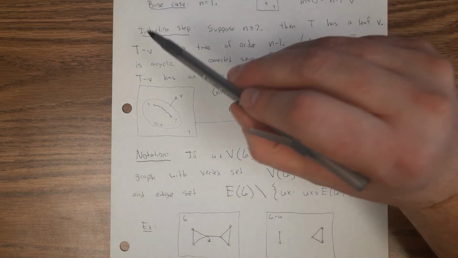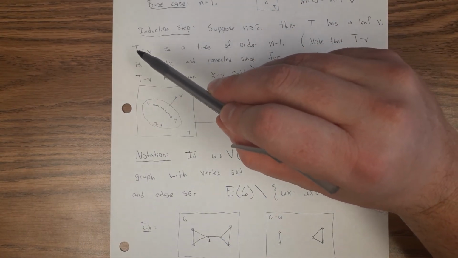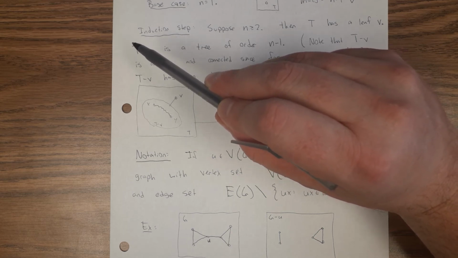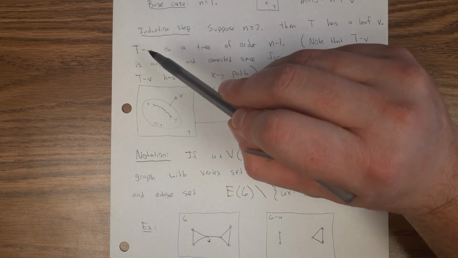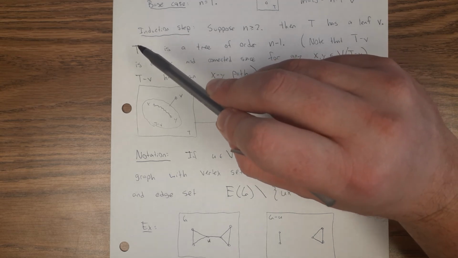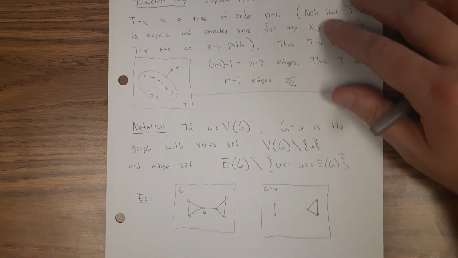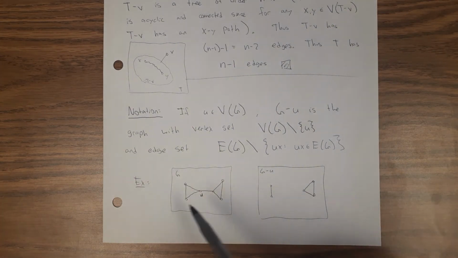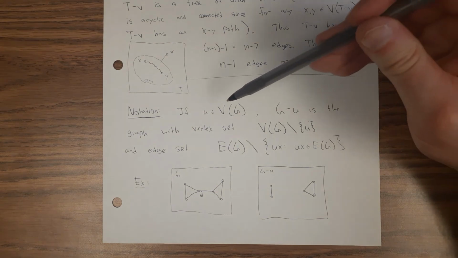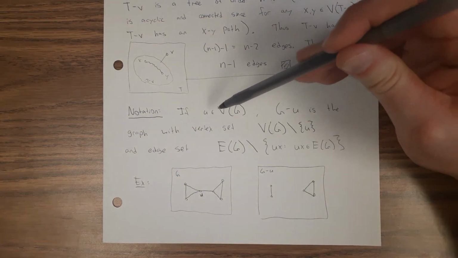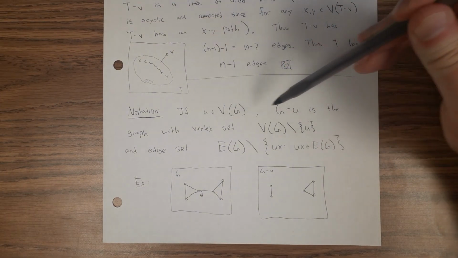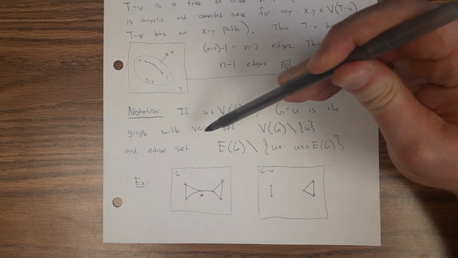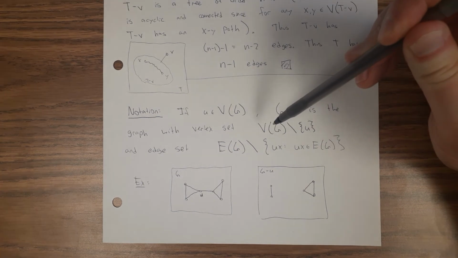Then consider the graph T minus V. This is a vertex deletion. I'm deleting the vertex V from the graph T. And by the way, what does that even mean? I wrote that down here. If you have a vertex in a graph, say U is a vertex, G minus U is the graph with the following vertex set.